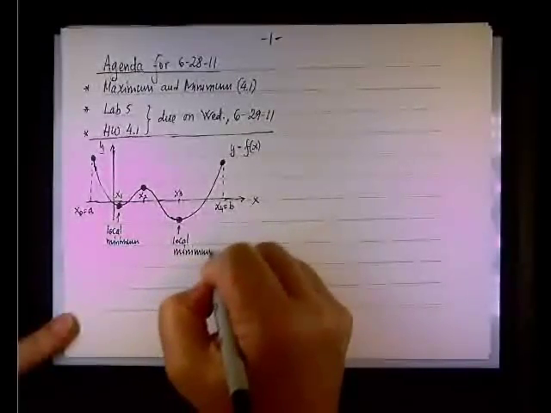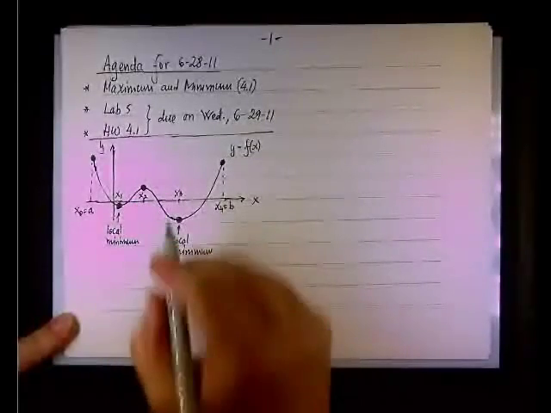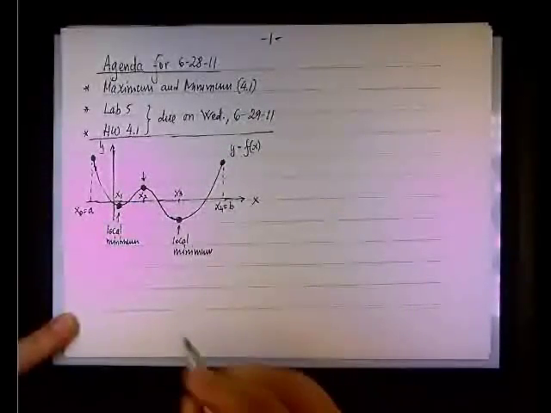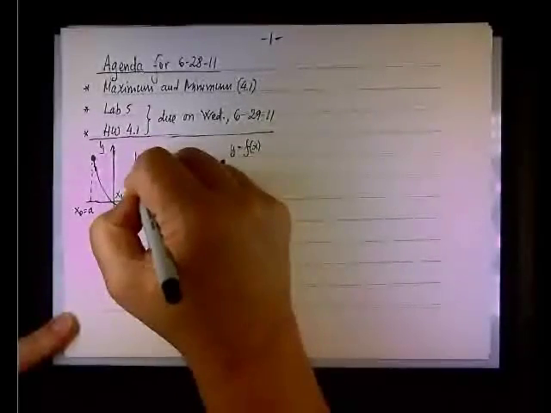Likewise, as I look at x sub 2, I see that in the vicinity of x sub 2, there is no other y value greater than the y value corresponding to x sub 2. Therefore, this is a local maximum.